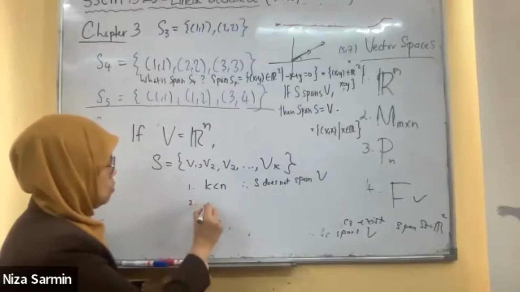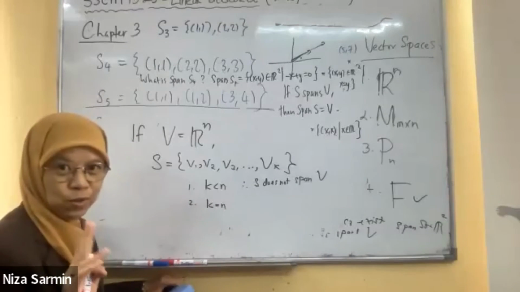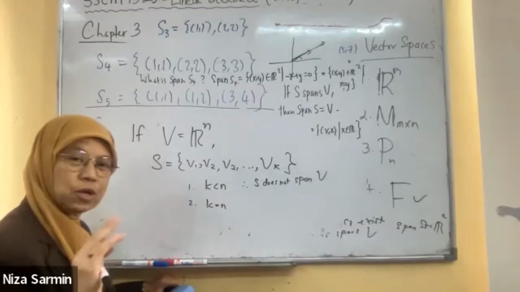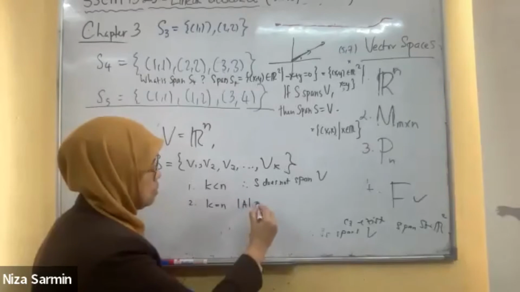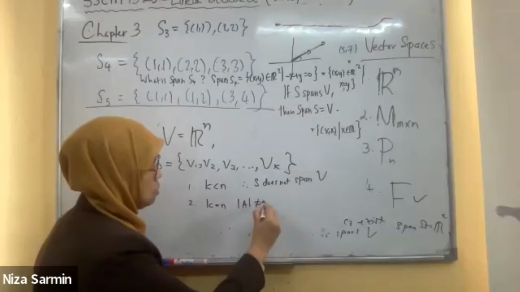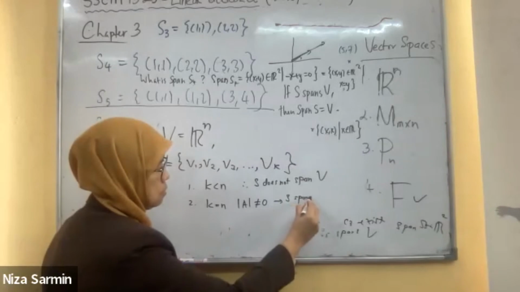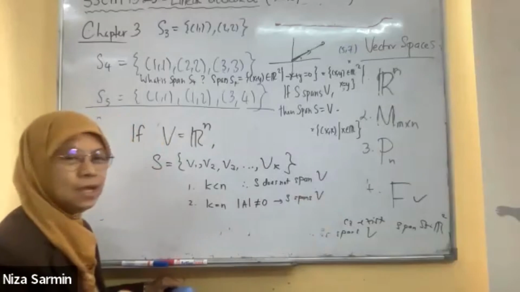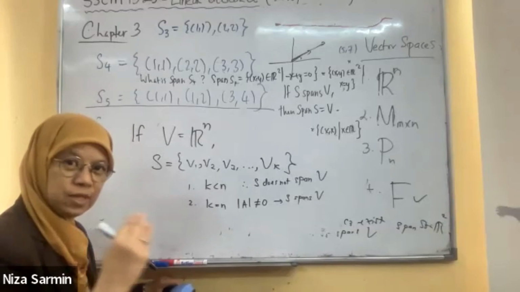Number 2, if k is n, like just now when we got 2 and 2, you can find the determinant. If the determinant is not 0, then S spans V. This is very similar to chapter 2.